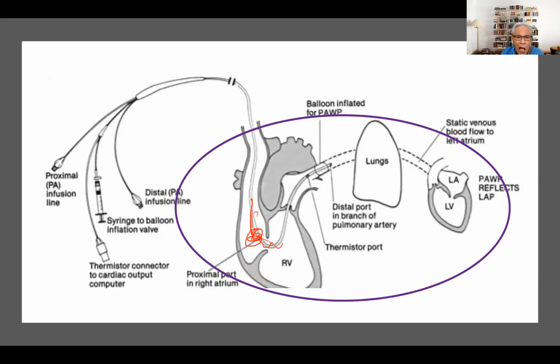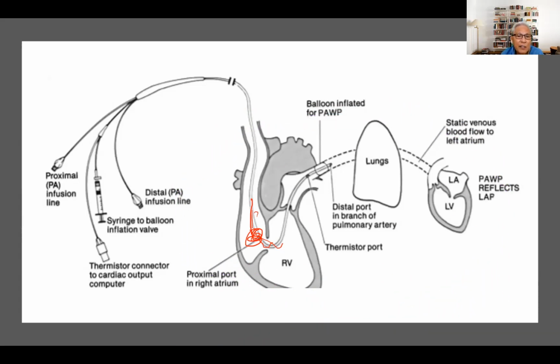So this is how we are now going to measure left-sided pressures. And you're going to say, how in the world are you going to measure pressures by inserting this catheter?